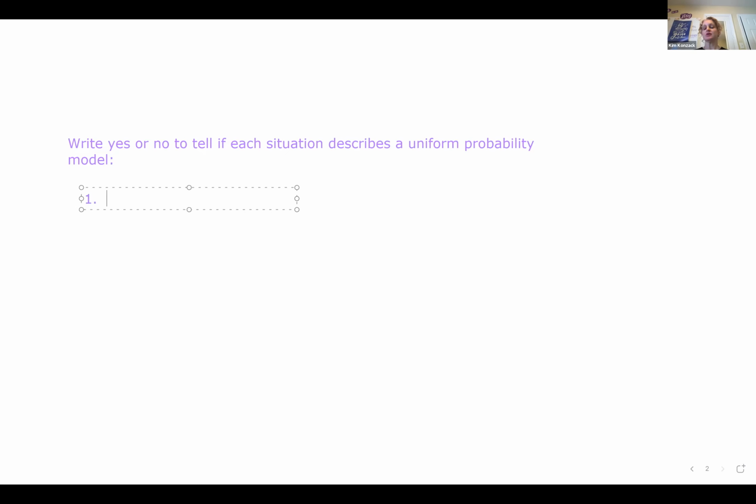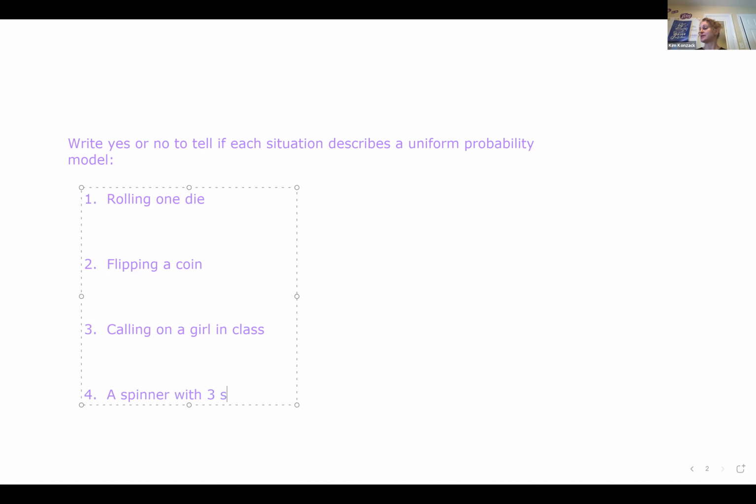Okay, so number one, rolling one die. Number two, flipping a coin. Number three, calling on a girl. And number four, a spinner with three stars and two diamonds.